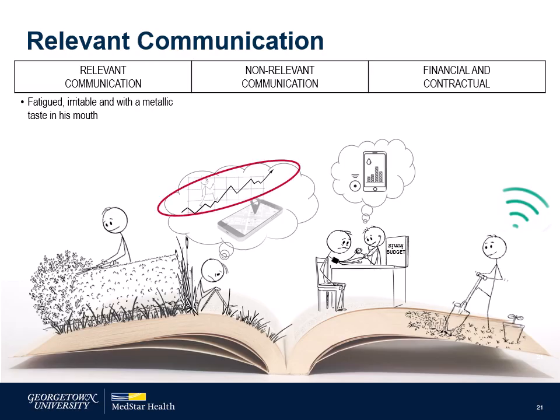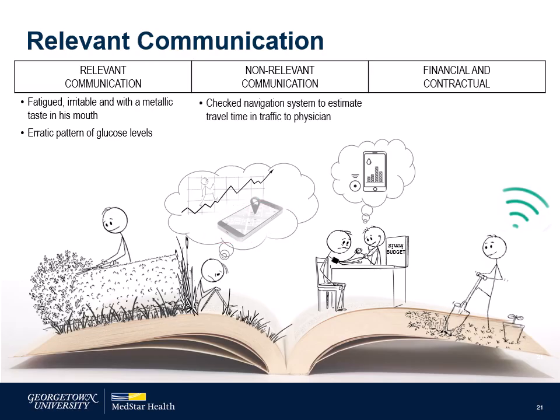An erratic pattern of glucose levels is relevant communication because the glucose results impact immediate care and future treatment. John checked his navigation system to estimate travel time and traffic to the physician. This is non-relevant communication because in a healthcare context, directions are not clinical findings, observations, or actual care.